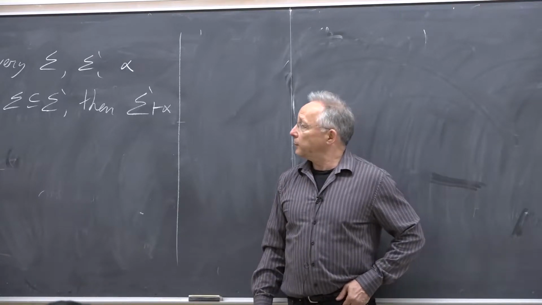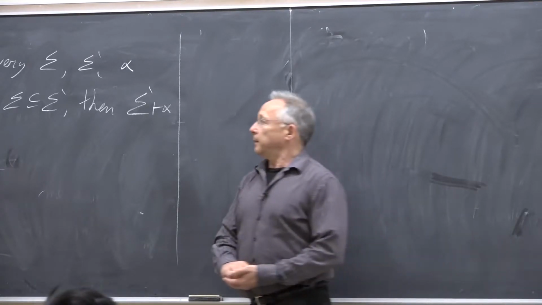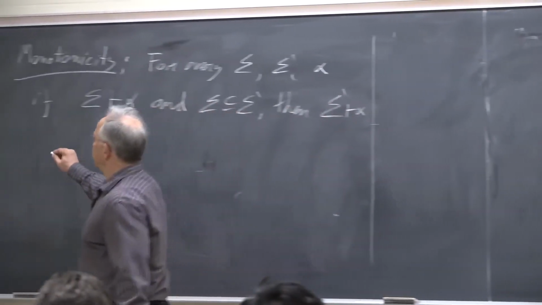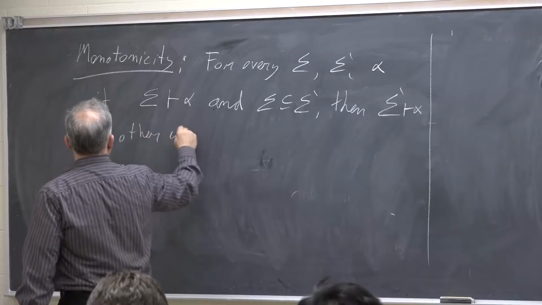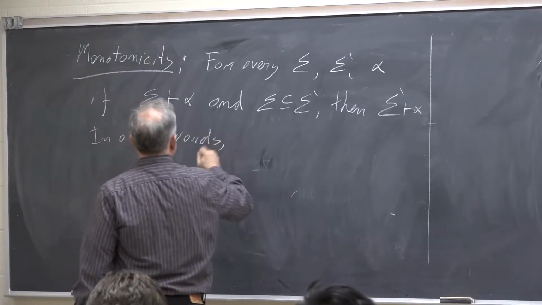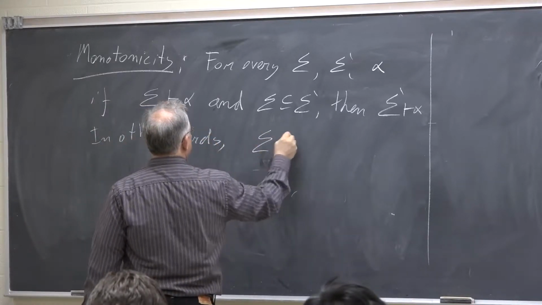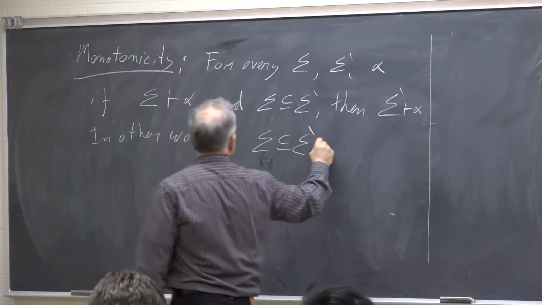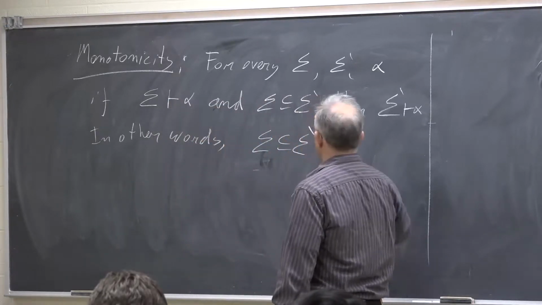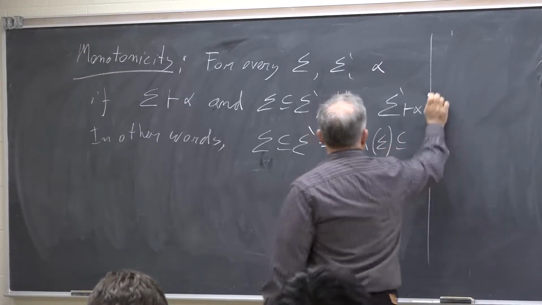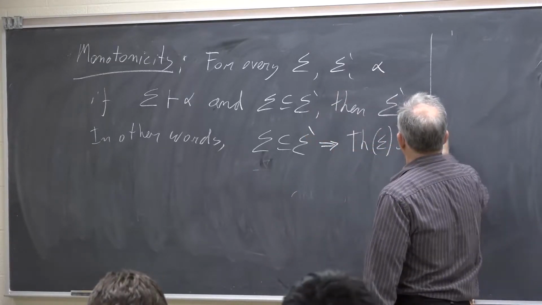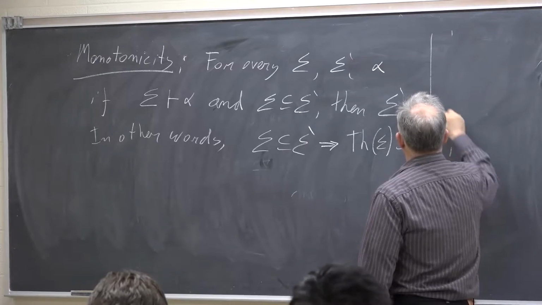So why is it called monotonicity? We can rewrite it. In other words, sigma subset of sigma prime implies that the theorems of sigma are a subset of the formal theorems that you can derive from sigma prime.